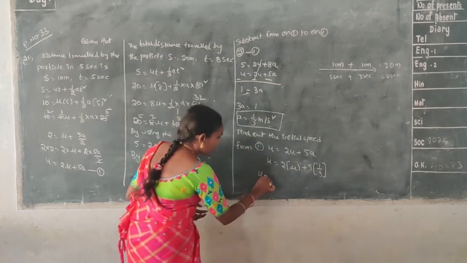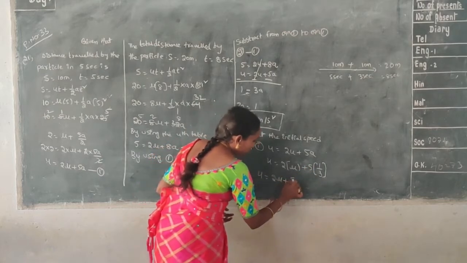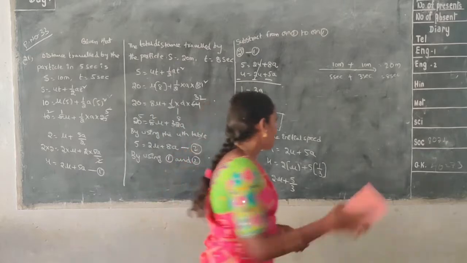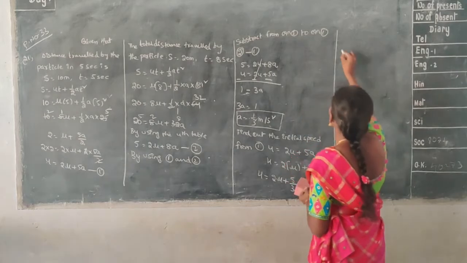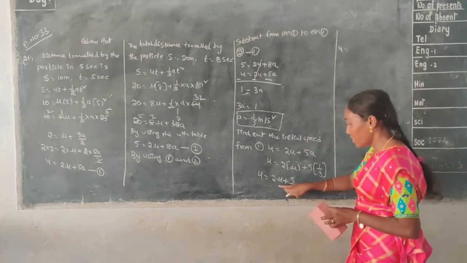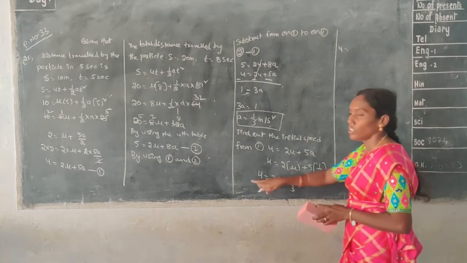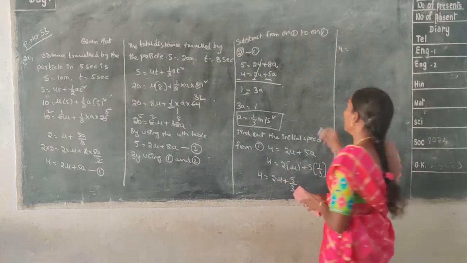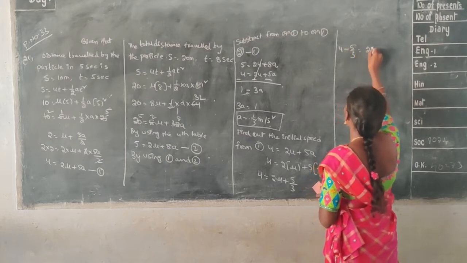Here 4 is equal to 2u plus 5 into 1 by 3. On the right side of this equation, addition is there. This value is coming into the left side of the equation, and plus is getting changed to minus. Here 4 minus 5 by 3 is equal to 2u.